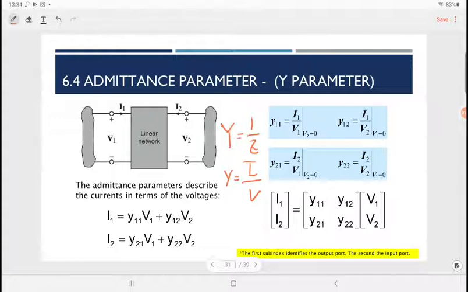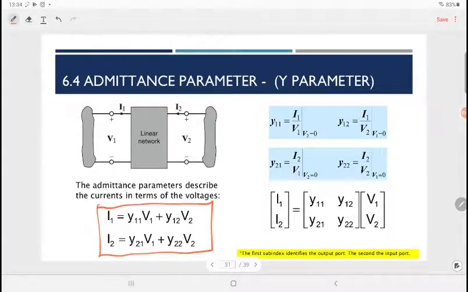Therefore, we have 4 Y parameters that we need to look at, which is Y11, Y12, Y21, and Y22. In order to find all those values, we are using the matrix equation for the Y parameter.